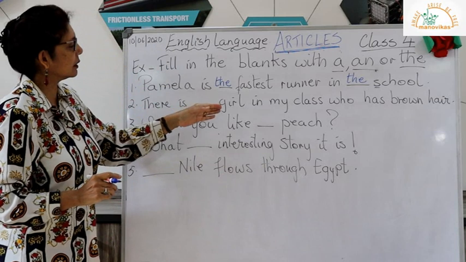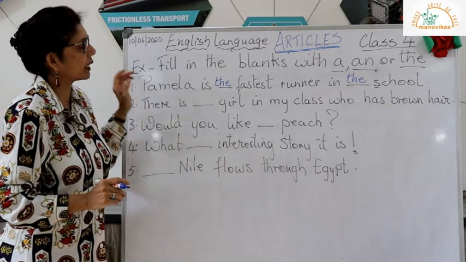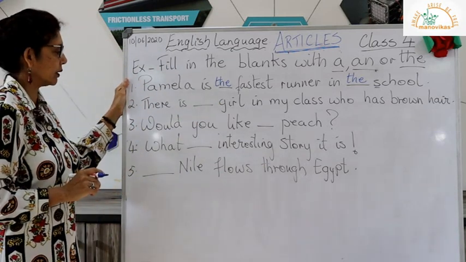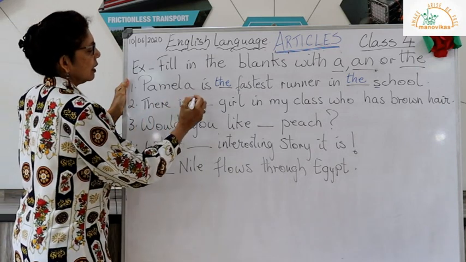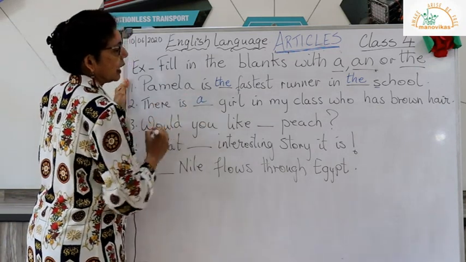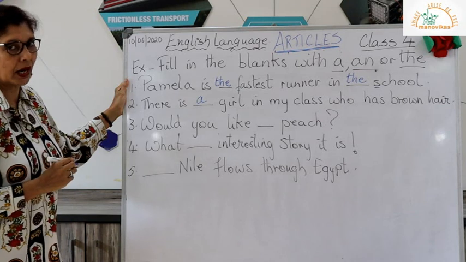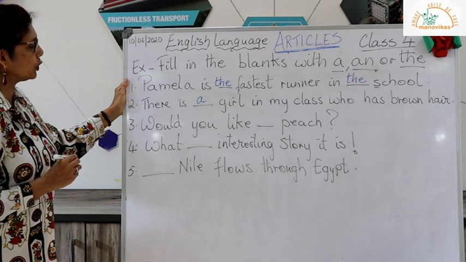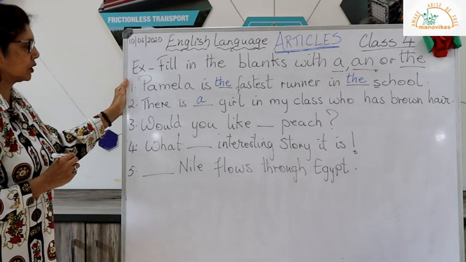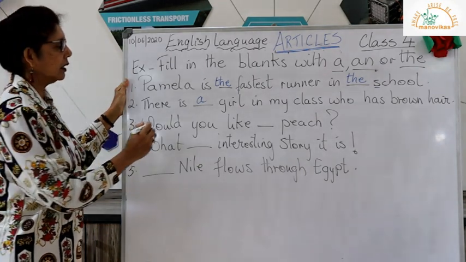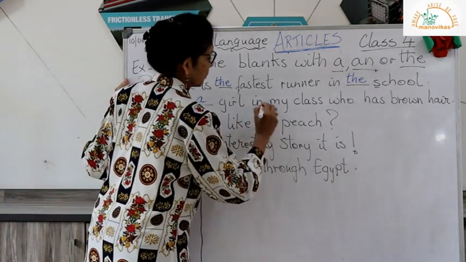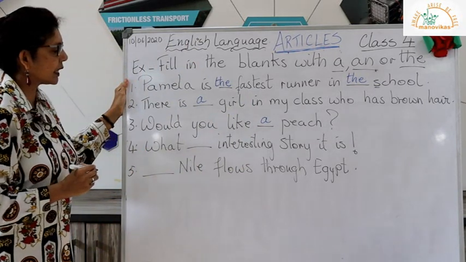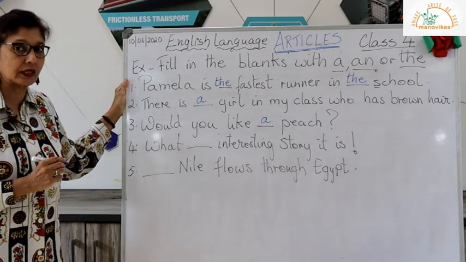There is dash girl in my class who has brown hair. So there is a girl in my class who has brown hair. Would you like dash peach? Would you like a peach? What dash interesting story it is?